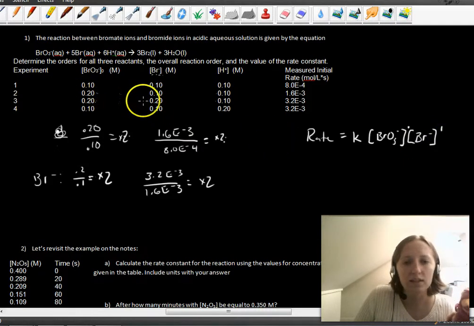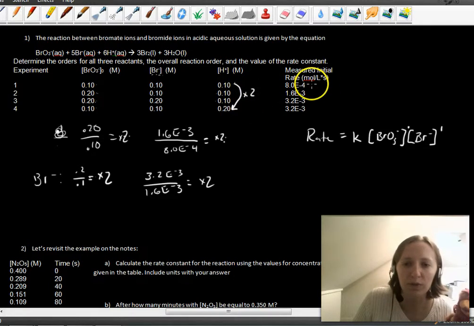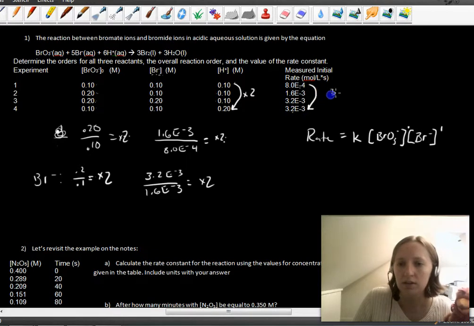And let's look for our next reactant, which is the hydrogen, and that's going to be experiment 1 to experiment 4. So from experiment 1 to experiment 4, the hydrogen is doubled, and the rate goes from 8 e negative 4 to 3.2 e negative 3.